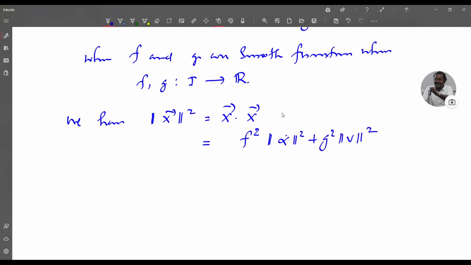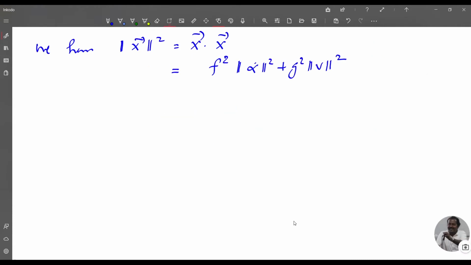This is because x is f alpha dot plus gv. x dot alpha dot is f of t into norm alpha dot of t square. So taking the dot product with alpha dot, you will get this, because x is f alpha dot plus gv and alpha dot is orthogonal to v, or v dot alpha dot is 0.